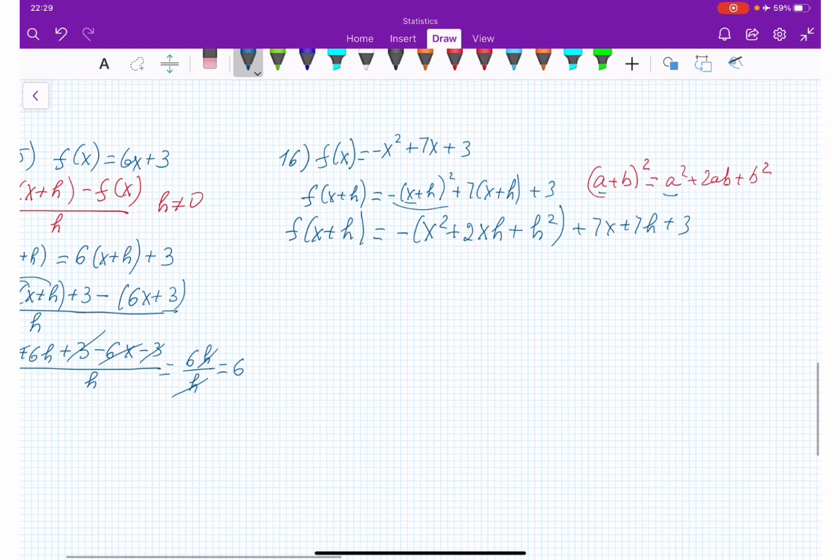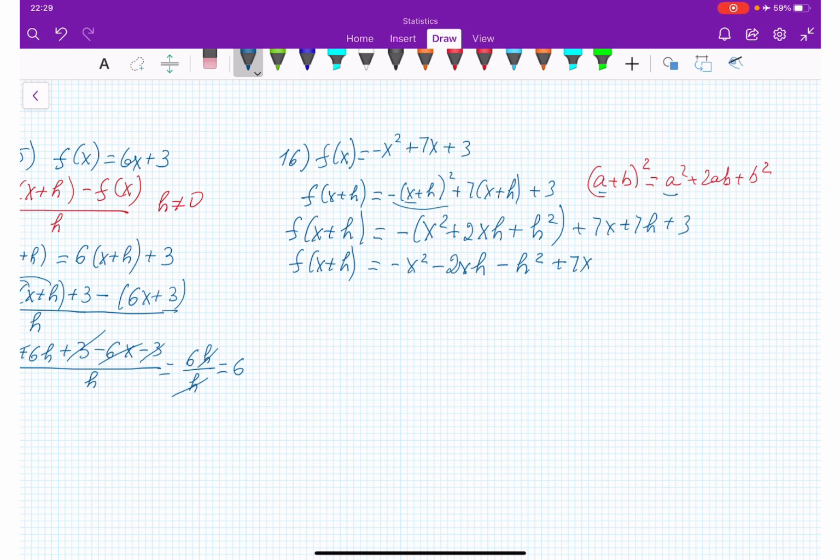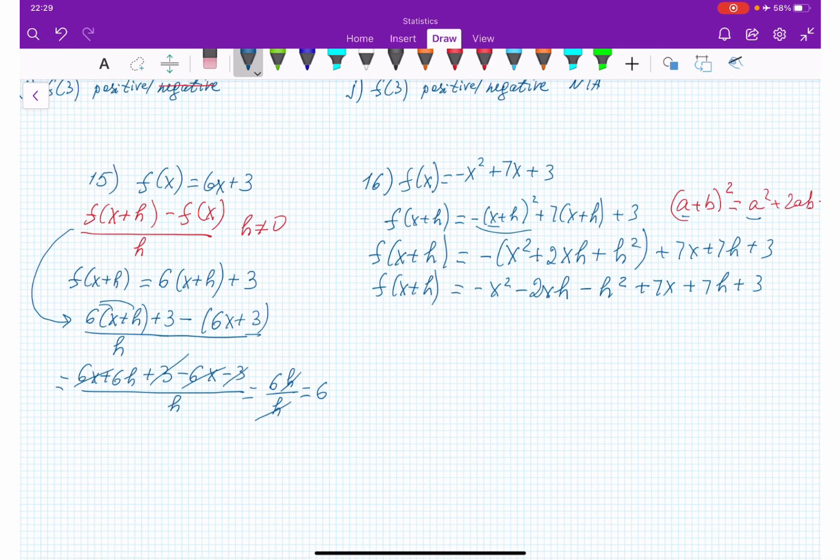Now let me open this negative sign in front of the parentheses. It's going to be equal to negative x squared minus 2xh minus h squared plus 7x plus 7h plus 3. We have it now. Is there anything we can simplify? No, nothing. Everything is going to stay the way it is. All right, so let's apply this template.